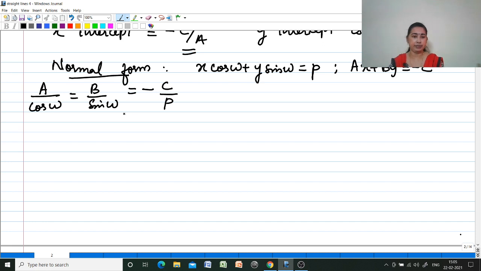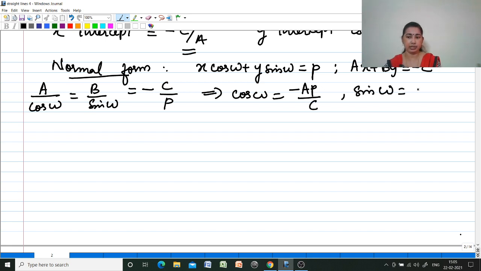So from this we can find out what cos omega and sin omega are. Cross multiplying, a p by cos omega... we get cos omega is minus ap by c. In the same way we are getting sin omega as minus bp by c.